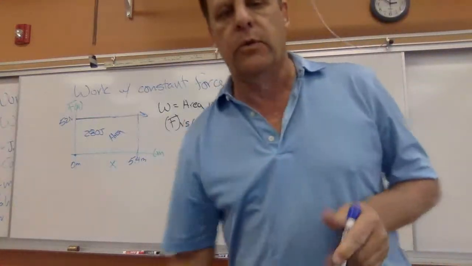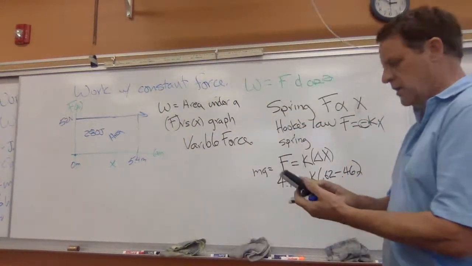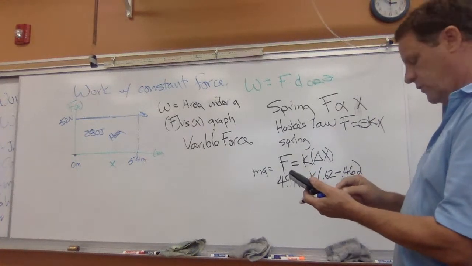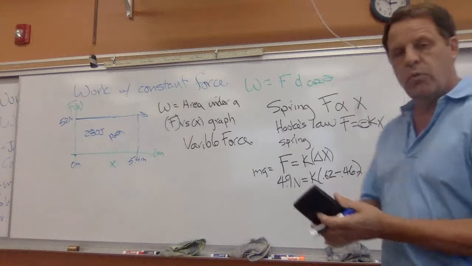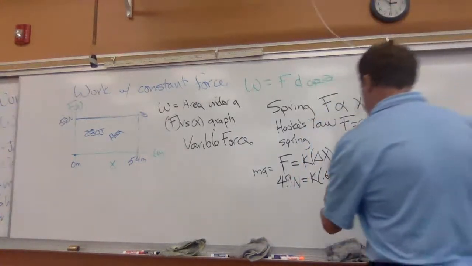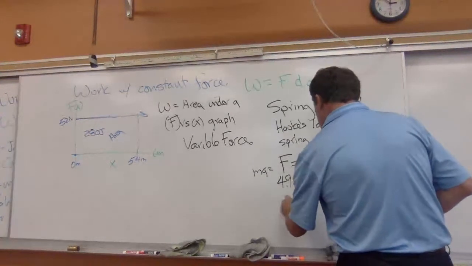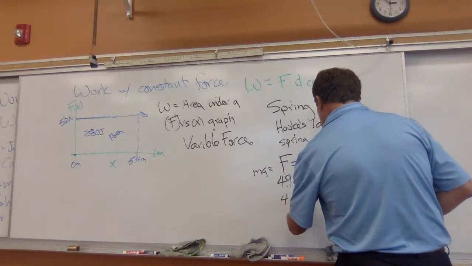We can do the math here: 0.62 minus 0.46, and we get 0.16. So 4.9 newtons equals k times 0.16.